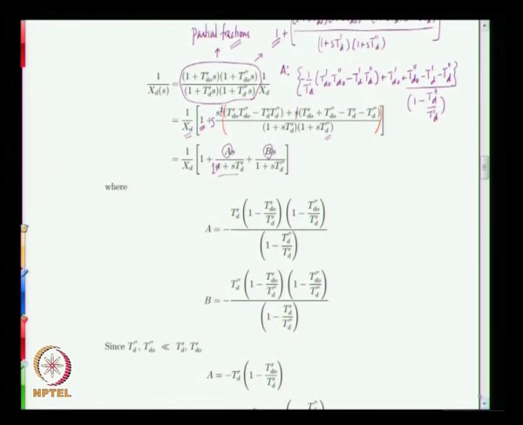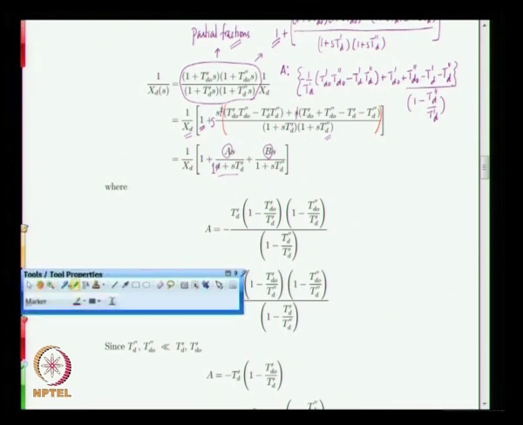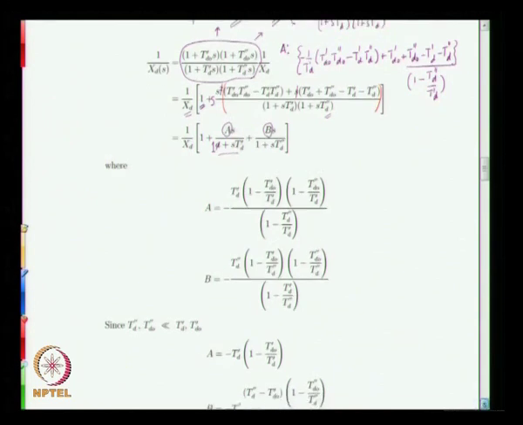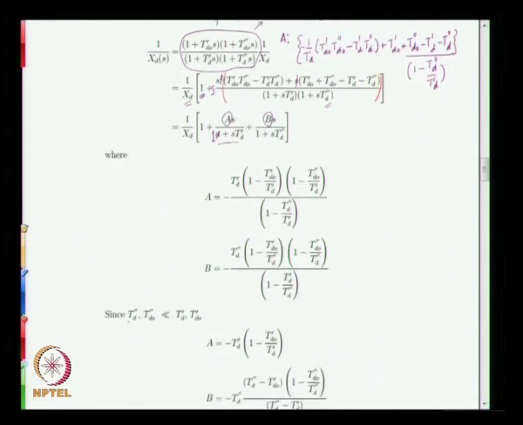So having determined these expressions for A and B terms, we now apply some simplifications. Normally for alternators the terms involving T double dash d and T double dash dO are considerably smaller than T dash d and T dash dO.